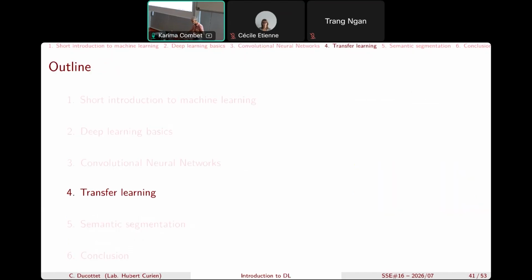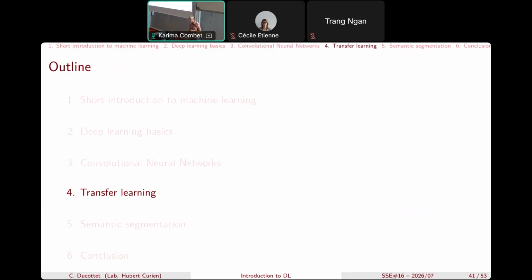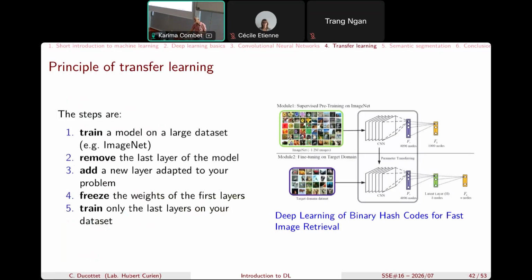It's not so easy to train a system using this data set, but hopefully a lot of deep learning systems have already been trained on it, and we can use the weights of the trained architecture in our problems without needing to retrain them.